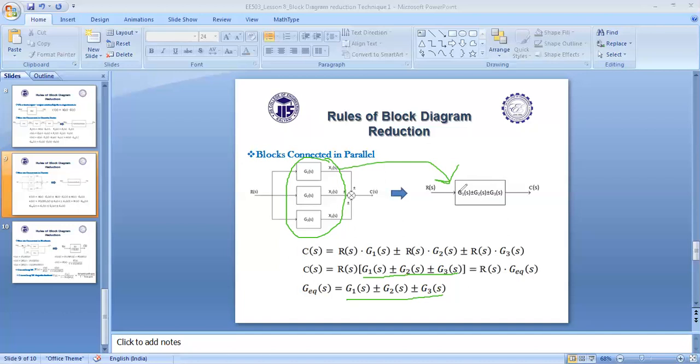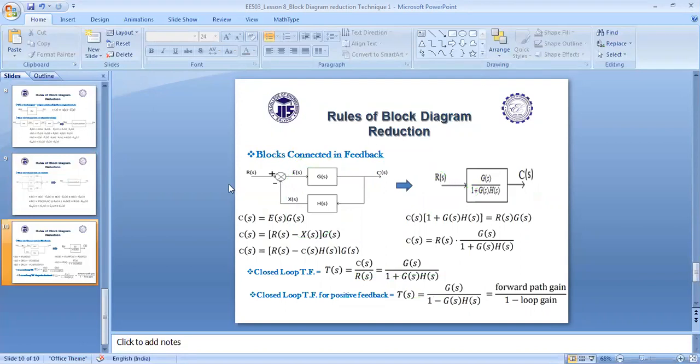Whether this will be plus or minus depends on the sign of the summing terminal. So this is the parallel connection. For parallel connection, individual blocks' transfer functions will be added or subtracted depending on the terminal sign of the summing point.